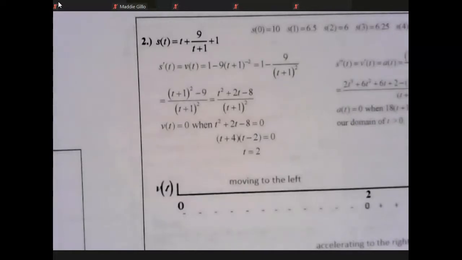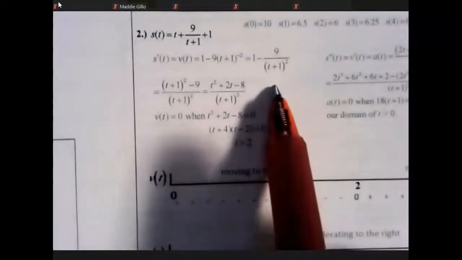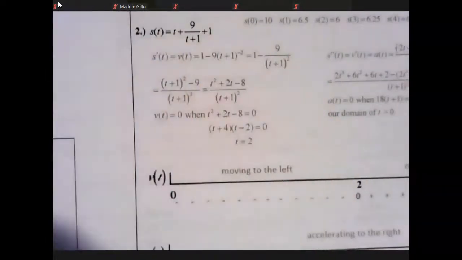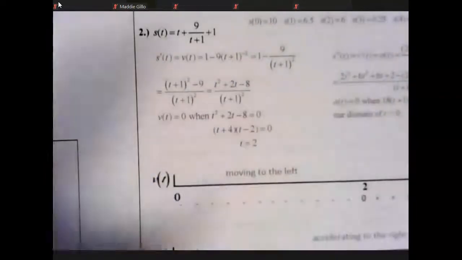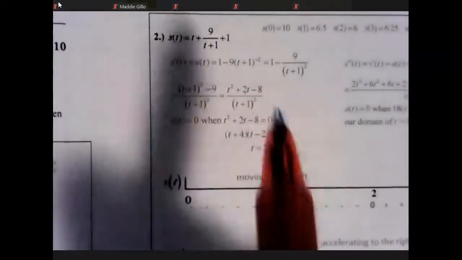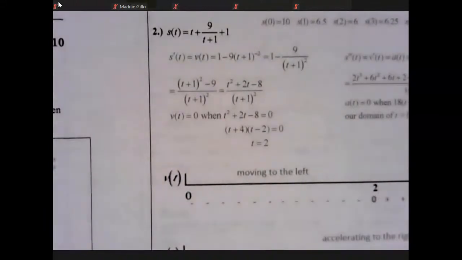So basically what I like to do when I get these problems is get a common denominator, because then I don't have to worry about looking at this to try to find the zeros or the roots. Because if I were going to do this problem, I would have to set this equal to 0, move that over, cross multiply, etc. I like to just get a common denominator and see what gets moved up to my numerator, giving you time t equals 2.